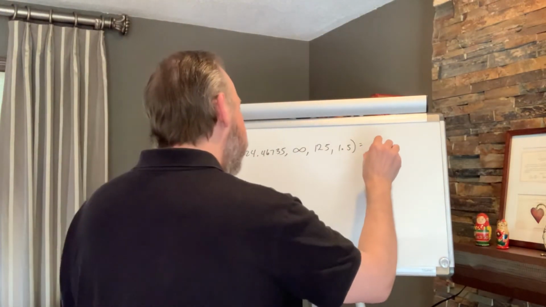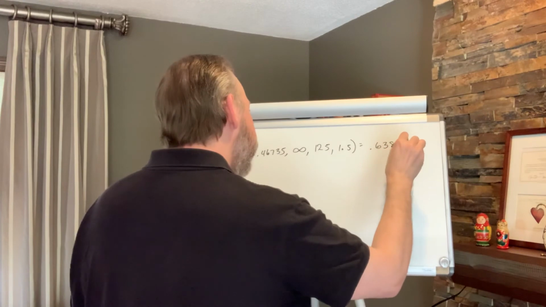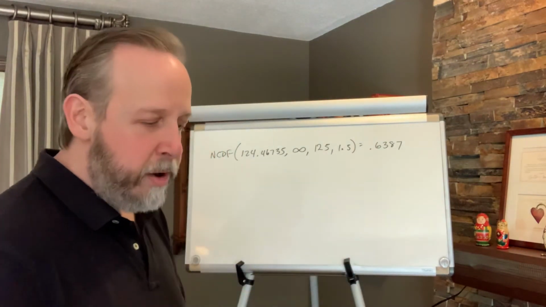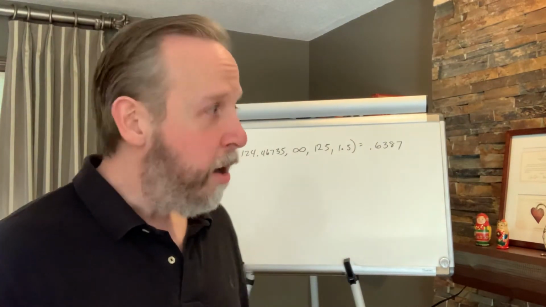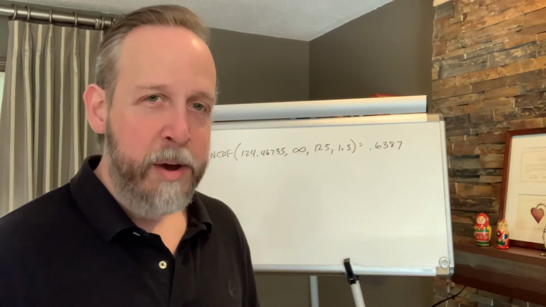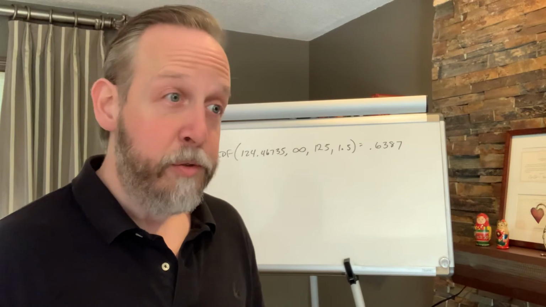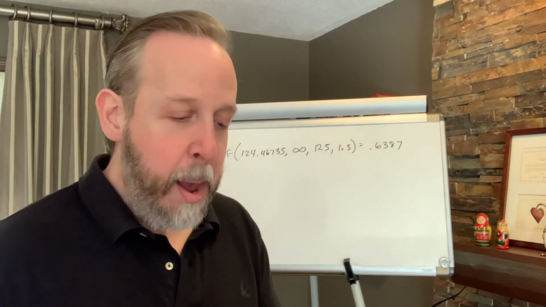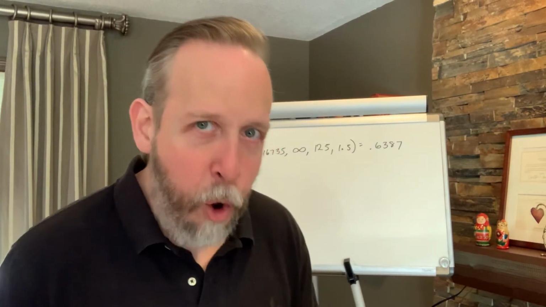And I get 0.6387. There is a 63.87% chance of correctly rejecting the null hypothesis when the alternate hypothesis is true and the true mean here is 125. Part D, what do you call that?